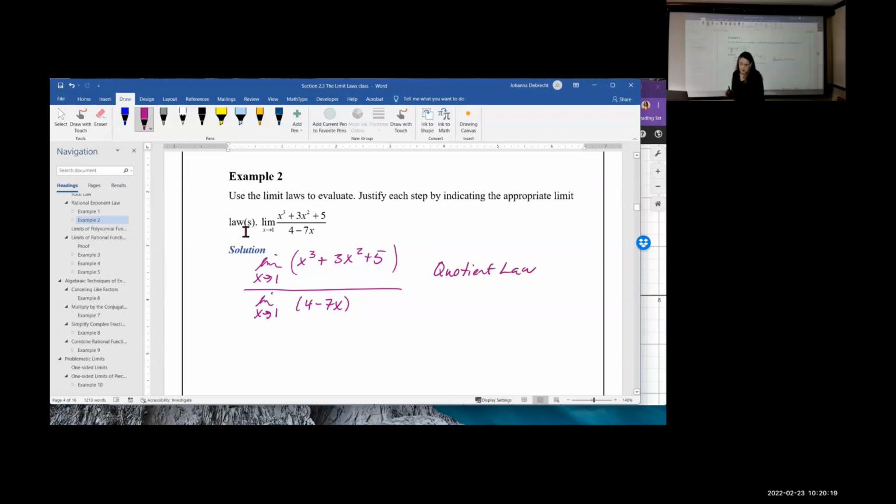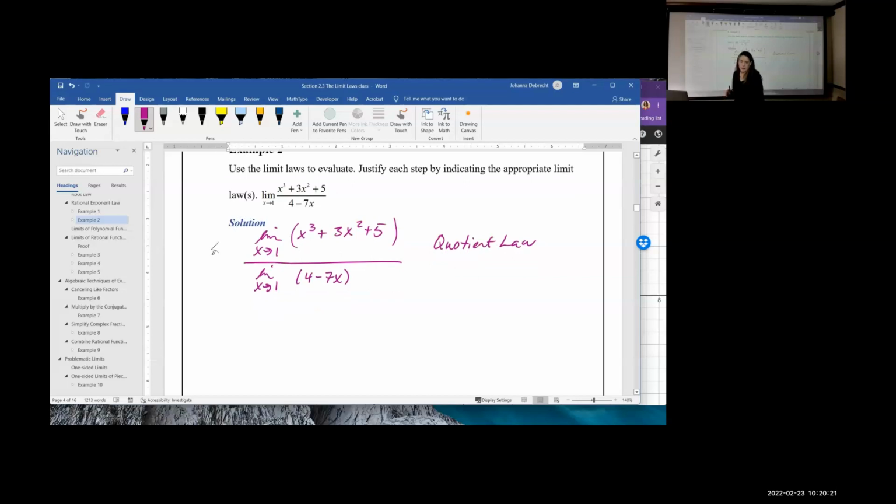Right? Which says that the limit of a quotient is the quotient of the limits. And then I can use the sum law for the top. And the difference law for the bottom.